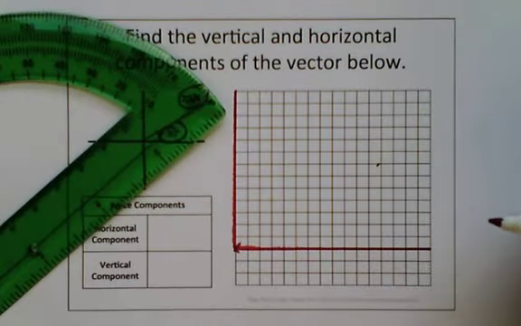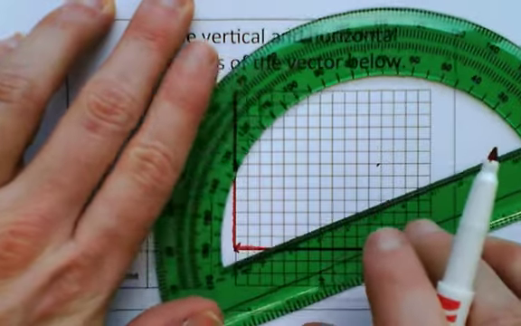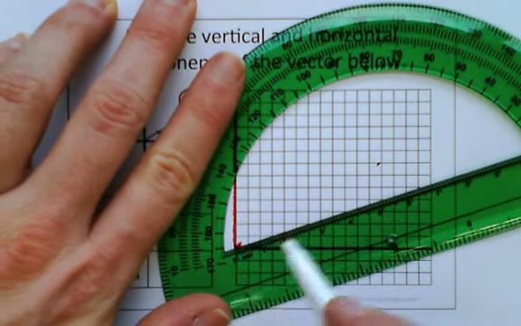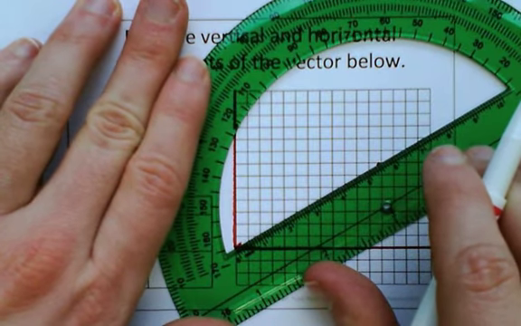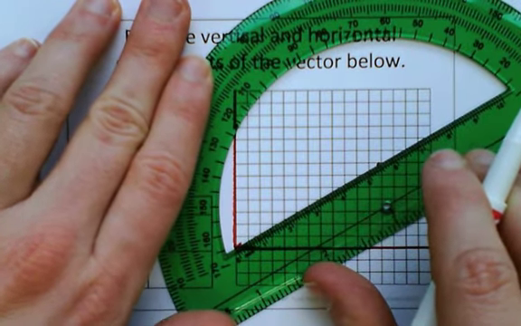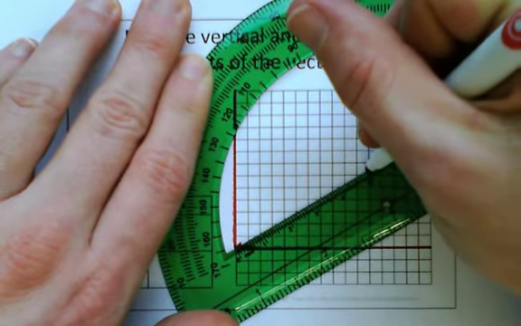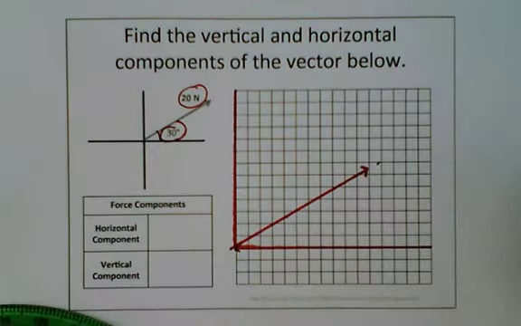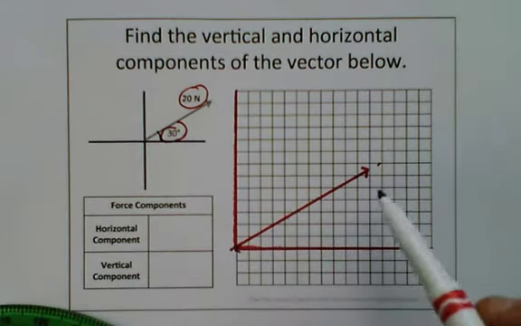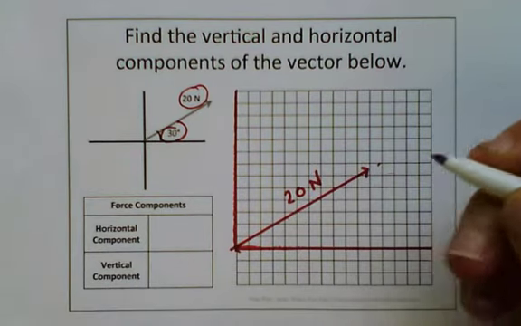Then I can take my protractor out and line up the inside of the protractor where I have my centimeter markings, so that the 0 is down here on the origin, and it makes a straight line with the mark that I just made. Now my vector only needs to be 5 centimeters long, so I'm not going to go all the way up to the marking, I'm just going to go up to the 5 centimeter mark. Now I've drawn this force vector to scale over here on my grid. We know that it's 20 newtons long.